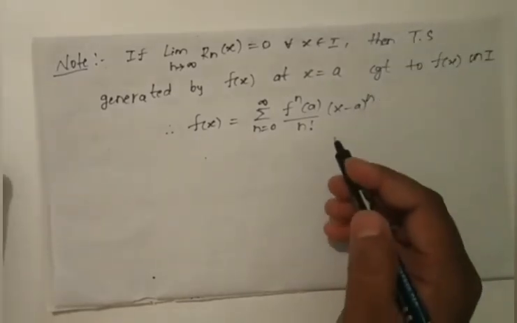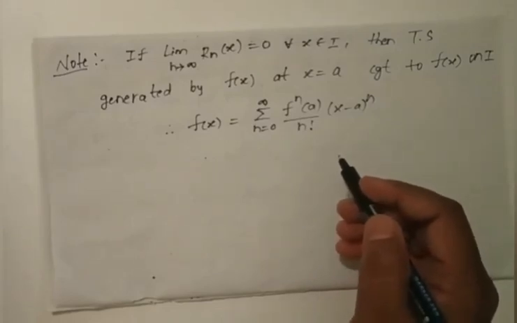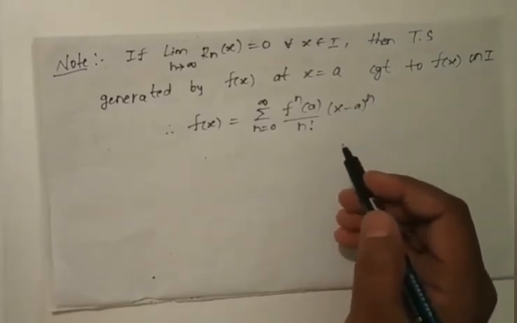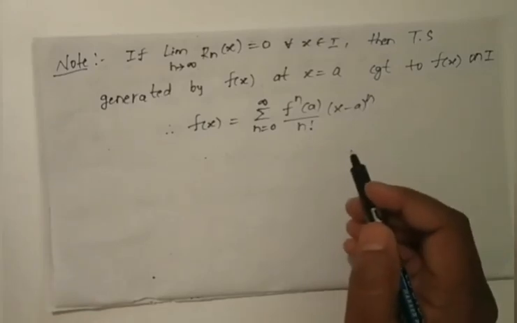If the limit as n tends to infinity of Rn of x is equal to 0 for all x belonging to I, then the Taylor series generated by f of x at x equals a converges to f of x on I.